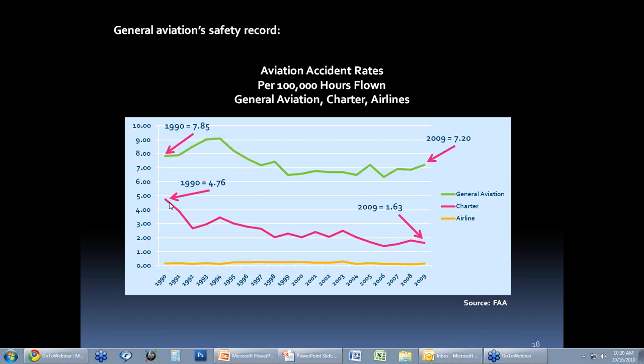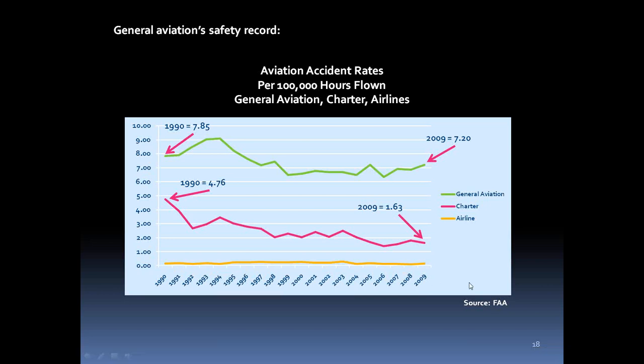And you can see that those techniques brought the accident rate down significantly. And the charter operators have been continuing to use those techniques, and they've made this major reduction in their accident rate. The airlines, you can see, are flat through the 90s and up until 2009. Very low accident rate, only about 0.17 accidents per 100,000 hours in 1990 and 0.15 now.